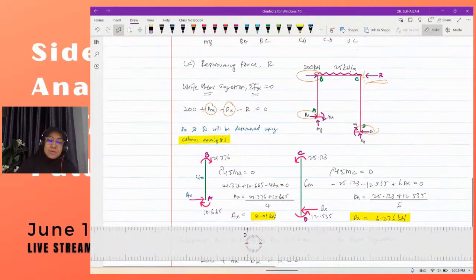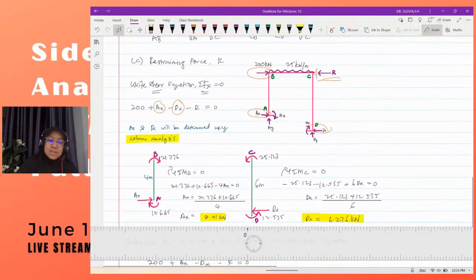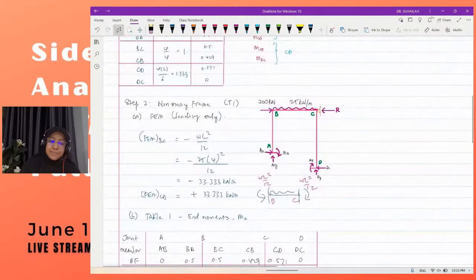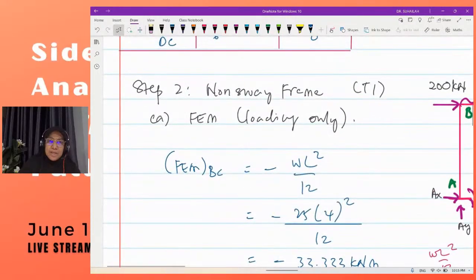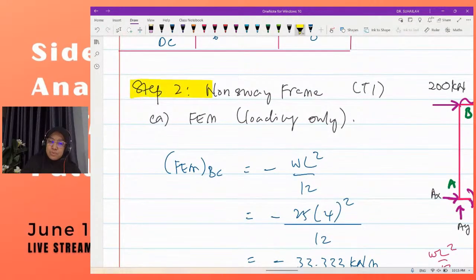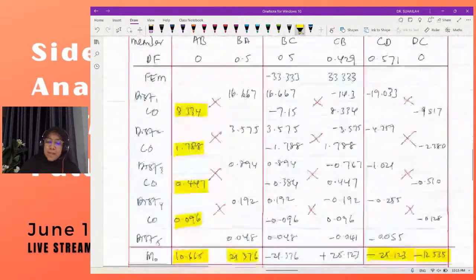Okay, so we move to step 3. So this is step 2. Now we will move to step 3.